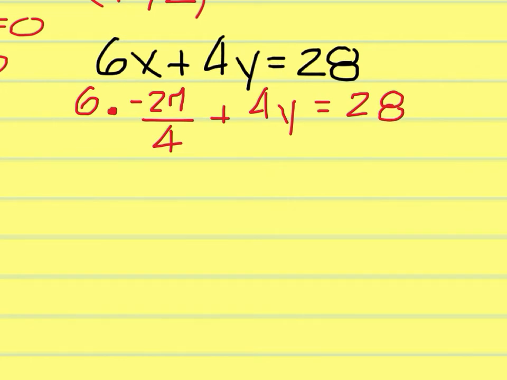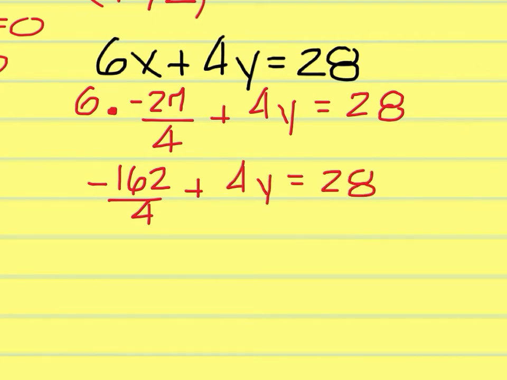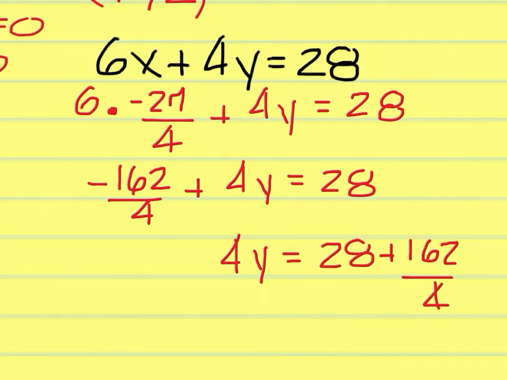6 times 27 is going to be 162, but that's a negative 162 over 4. And then we're going to have to move that to the right side and come up with 28 plus 162 over 4.